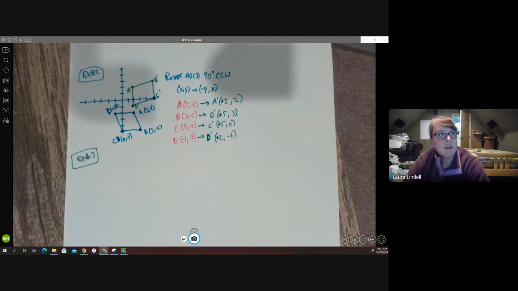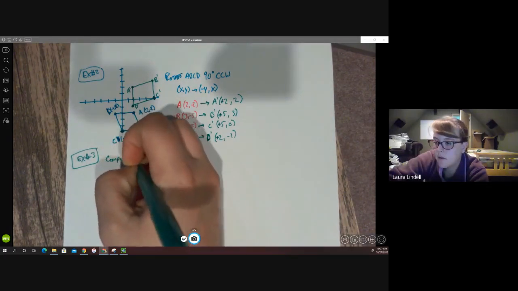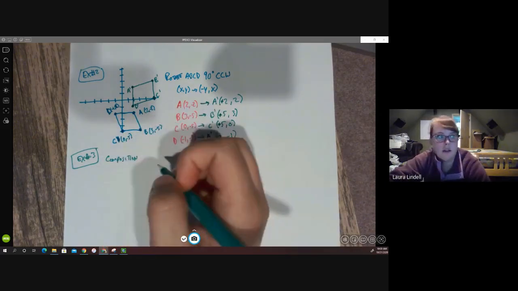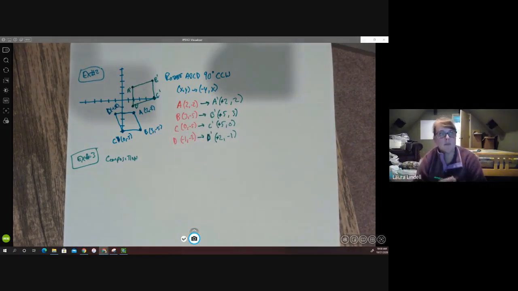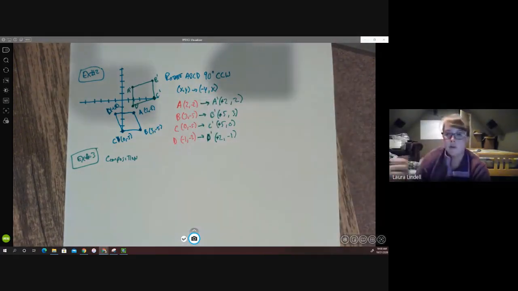Okay. So this one is going to be a composition of transformations. So this will give us some practice with rotation, and it'll also give us some practice doing more than one thing. When they tell you that it's 90 degrees counterclockwise, that's where we go back to our notes and figure out what it's supposed to be.